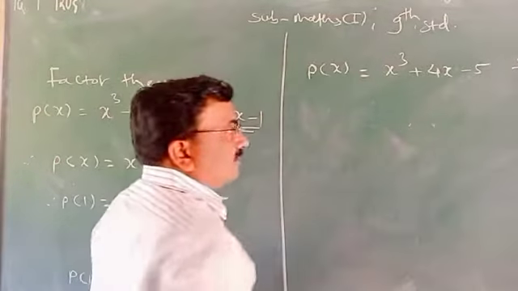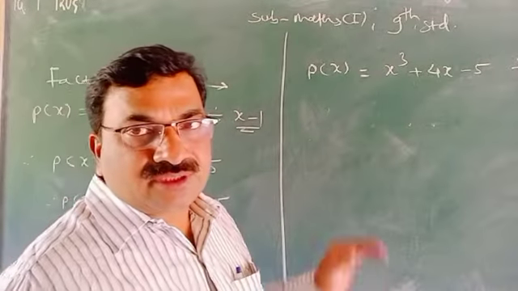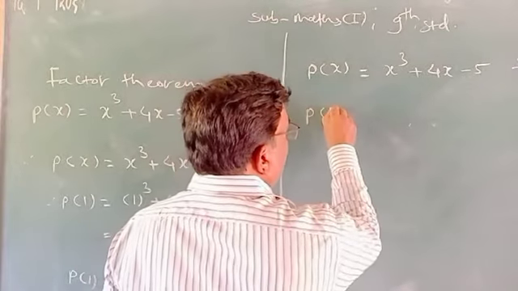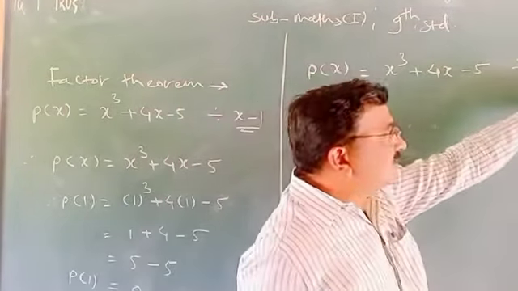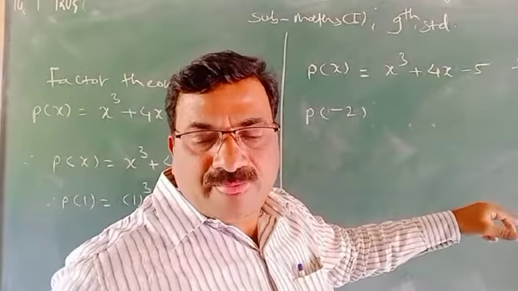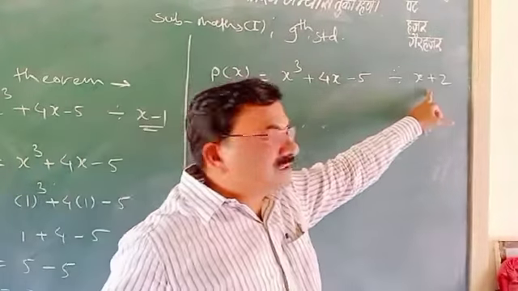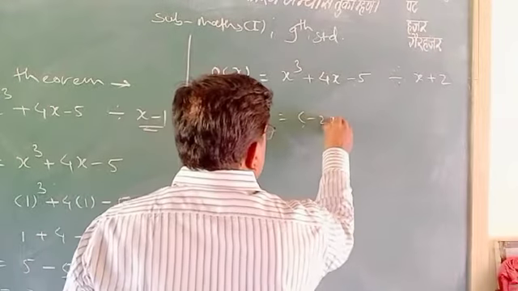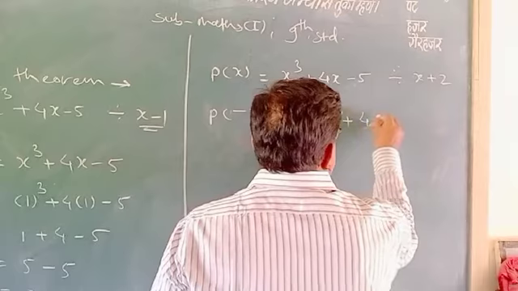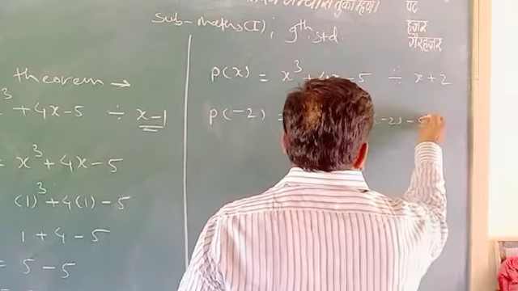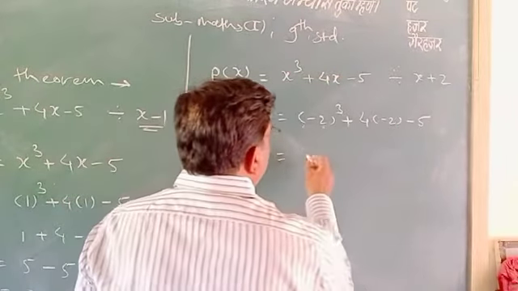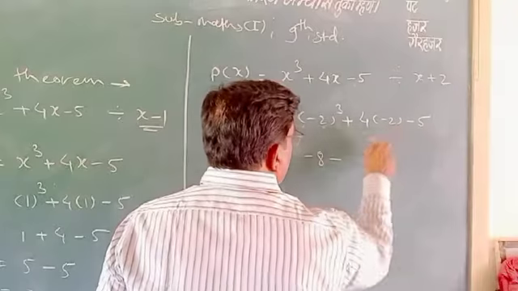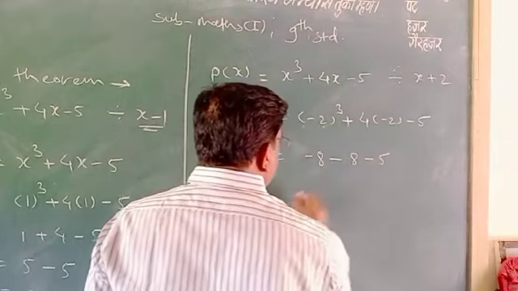Therefore, we will substitute the value of that divisor into the dividend by the remainder theorem. So p of minus 2, since the opposite of plus 2 is minus 2. Therefore, minus 2 cubed plus 4 into minus 2 minus 5. Cube of minus 2 is minus 8, plus minus 4 twos are 8, minus 5.